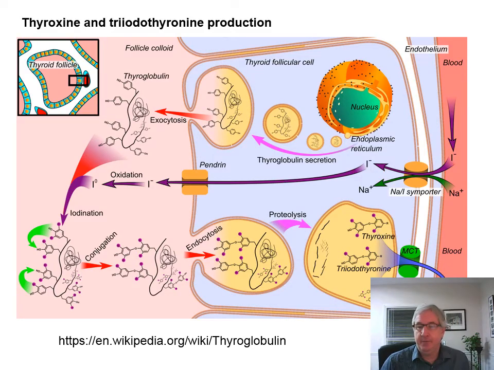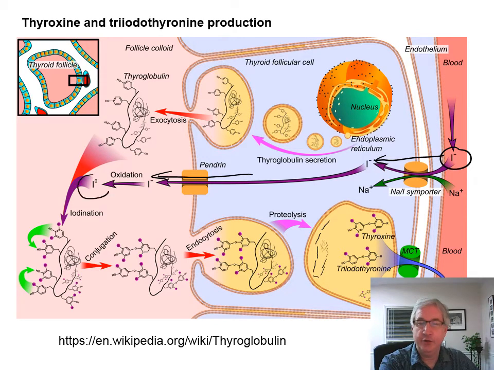So here's the diagram of what all happens. I know this looks really complicated. You're not going to have to reproduce this. I just wanted to show you this because these are the only cells that do this kind of thing. So you have iodine come into the cell, and then it gets sent out of the cell, and it gets oxidized out here.